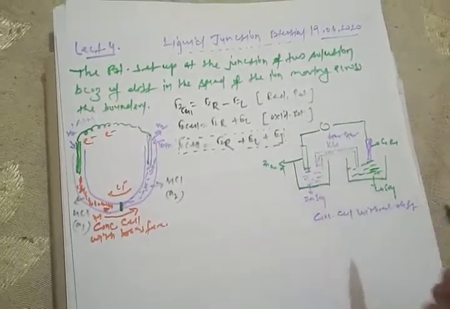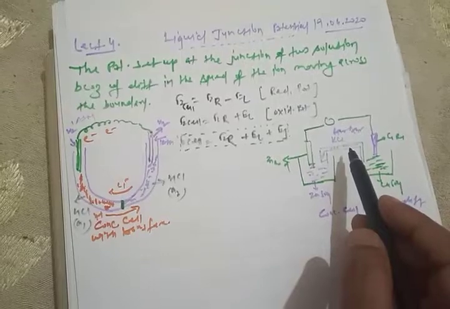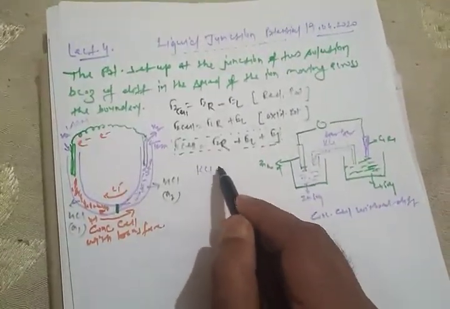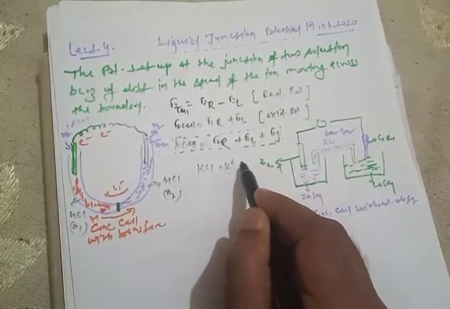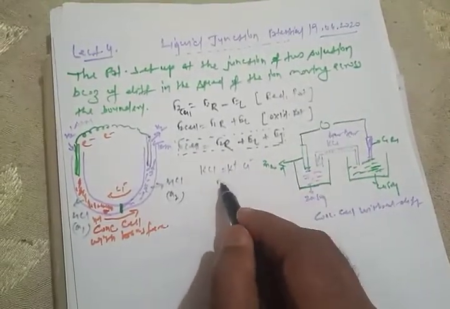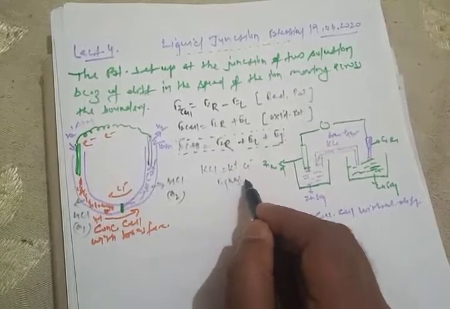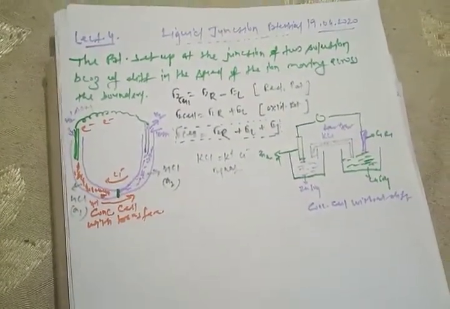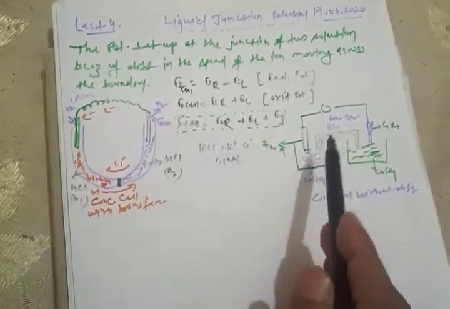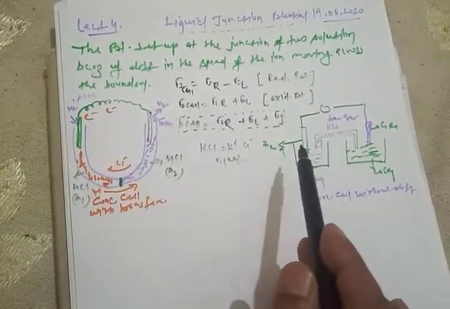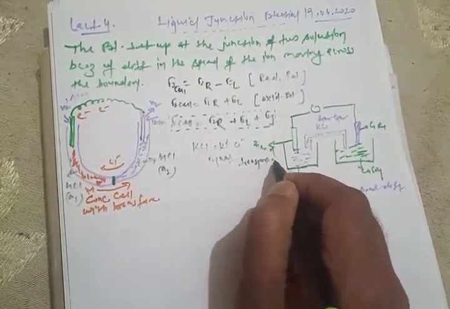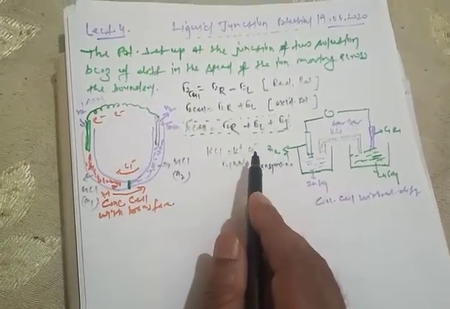The beauty of KCl salt is that the transport number of the K ion and the Cl ion is equal. That is why, whenever we are dealing with electrochemistry and with the salt bridge, we most of the time use KCl, because the transport number is equal for potassium ion and chloride ion.